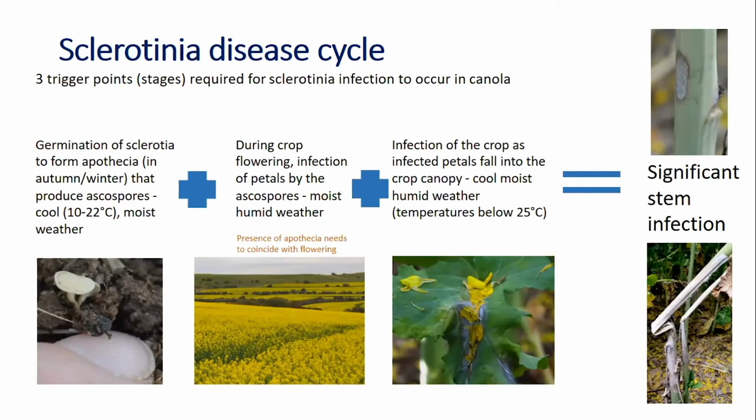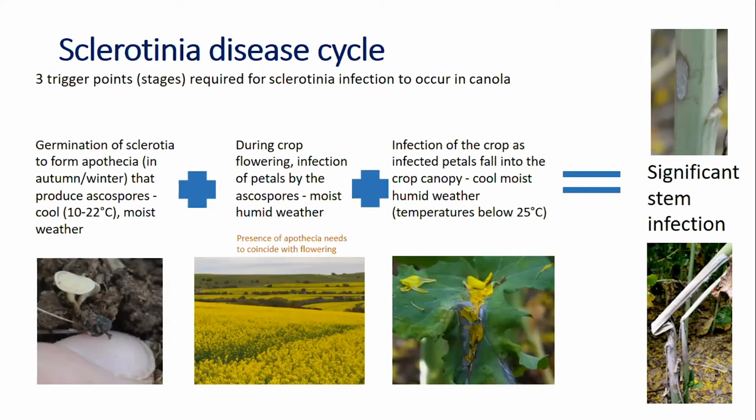You can see that all of these 3 steps require specific weather conditions to be successful. So sclerotinia development is closely related to seasonal rainfall, and the disease is most common in areas that have average to above average rainfall seasons, and where sclerotinia inoculum is present.